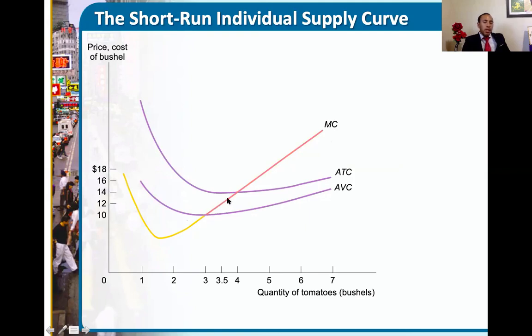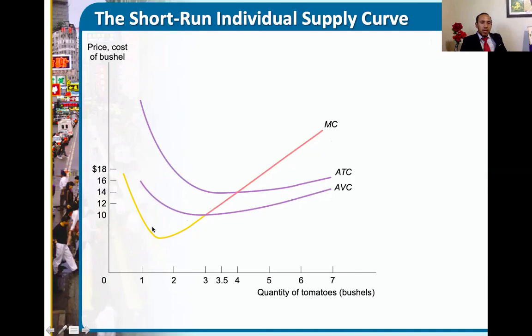and the average total cost curve at its lowest point, point C, which was the other point that we have been analyzing. These points are important because they help illustrate our supply curve, meaning that firms are not going to start supplying any good or service at a low price or low cost.